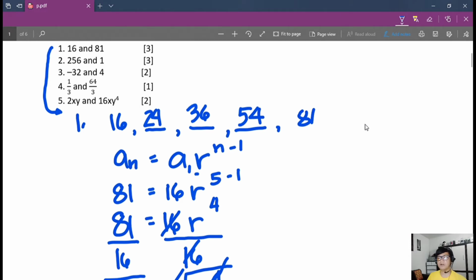Let's check if the common ratio is 3 halves. So first is this. Let's see. 24 over 16.